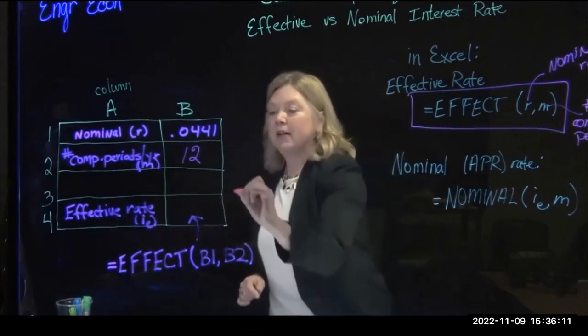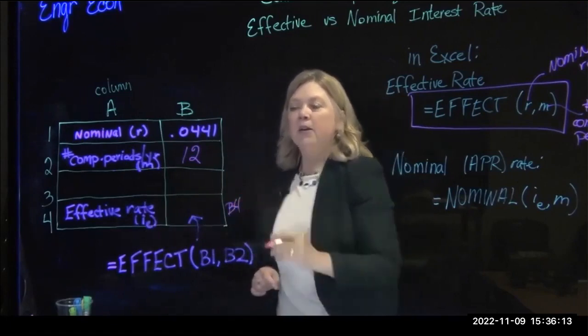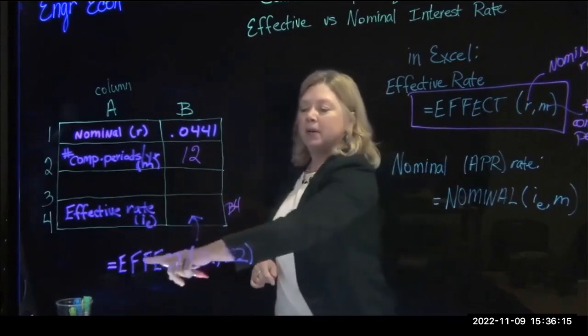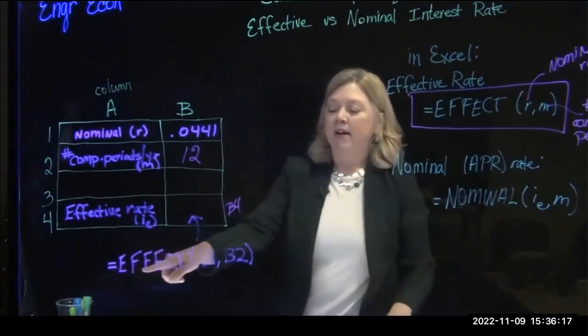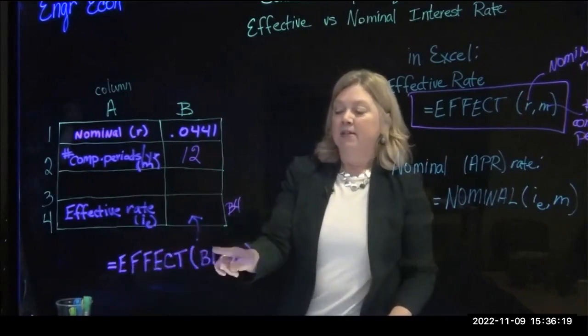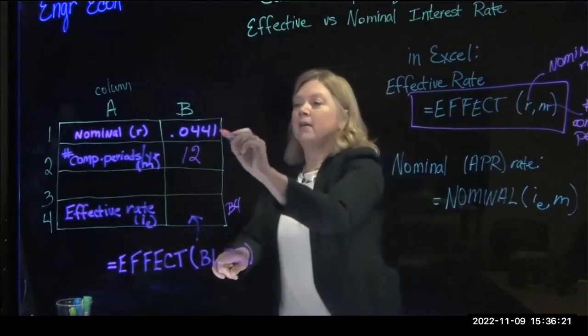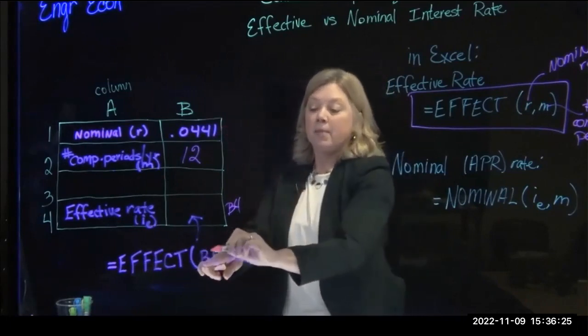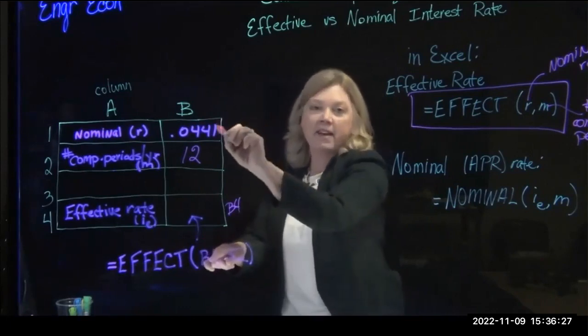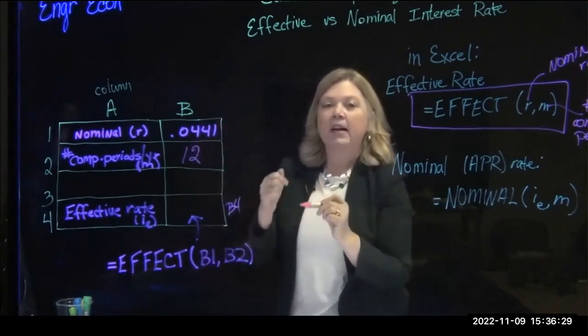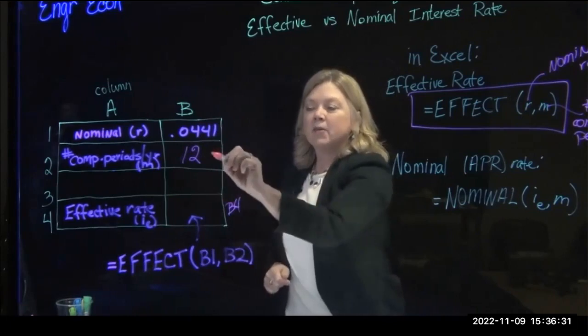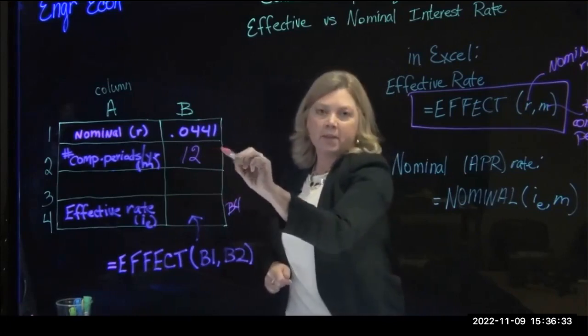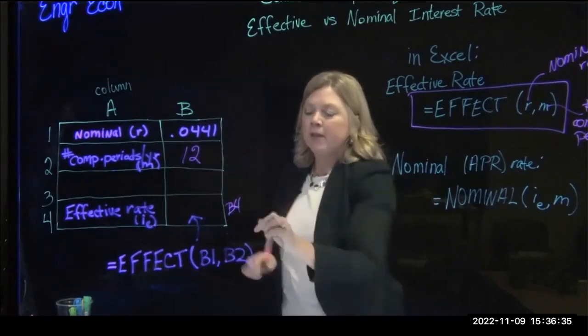This cell reference is B4, right? So into B4, we type equals EFFECT, parentheses, cell reference B1, which is the nominal rate, you can just click on that cell, then a comma, and then cell reference B2, which is M, the number of compounding periods per year.